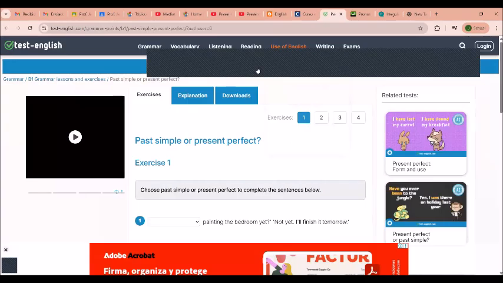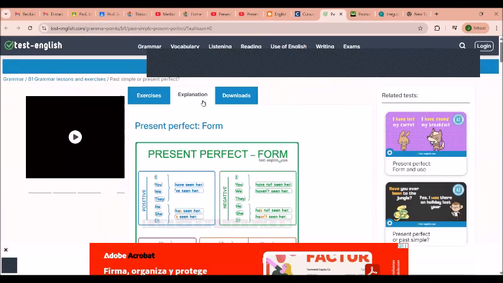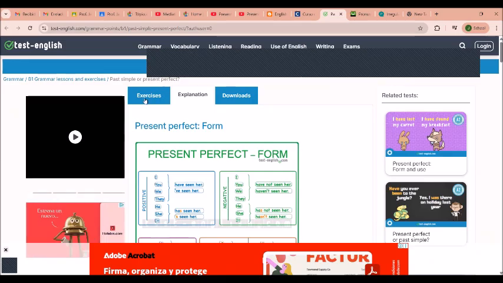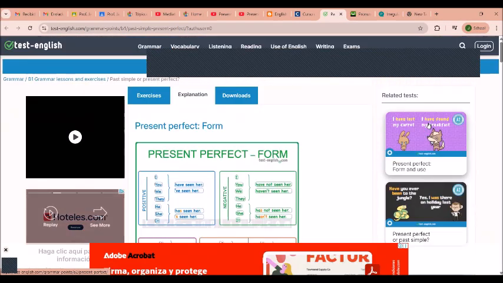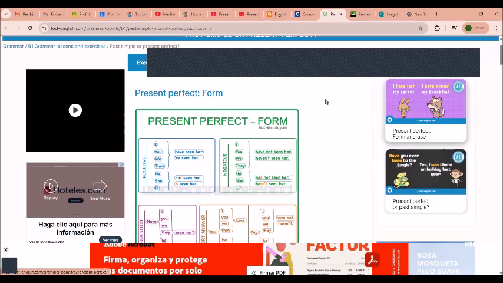I'll also use this tool. You can look at the examples here, and there are exercises on this site. You will also notice more related activities on the right in this tool.